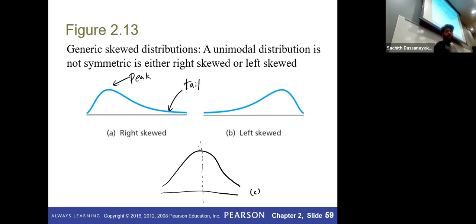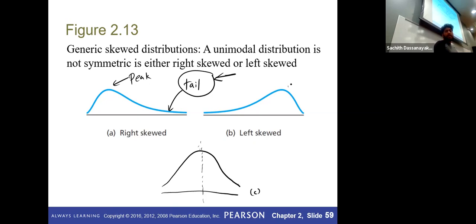So always, skewness, right or left, is based on the side of its tail. What you can see on your paper or on your screen, I can see the side of the tail is the right-hand side. So this distribution is right skewed because the side of the tail is the right-hand side.